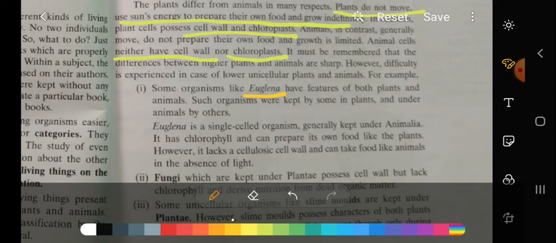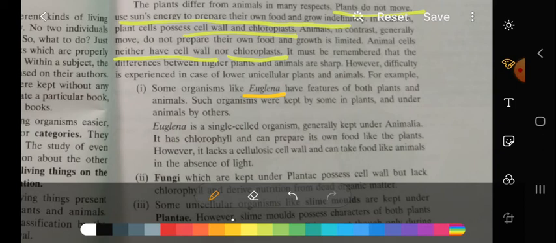Now scientists, after classifying plants and animals in Plantae and Animalia category kingdom, there was confusion. Some scientists were keeping Euglena in plants, some scientists were keeping it in animals.